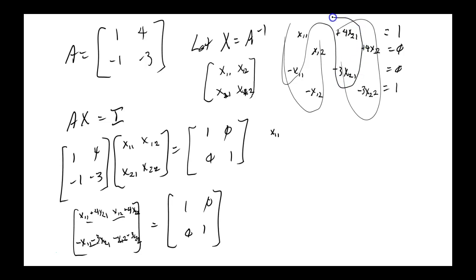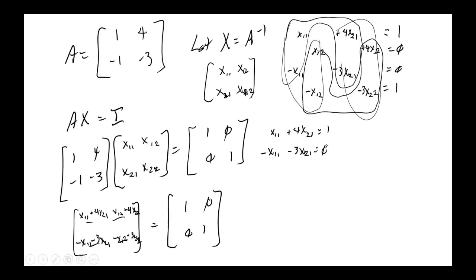These four here are one system, and these four here are the other system. So x of 1, 1 plus 4x of 2, 1 is equal to 1, and minus x of 1, 1 minus 3x of 2, 1 is equal to 0. Okay? Just add those two together and you get x of 2, 1 is equal to 1, right?